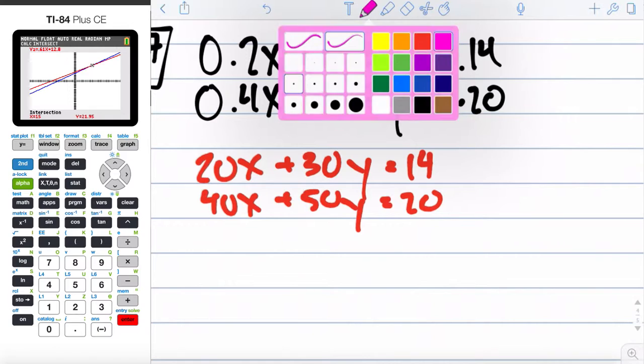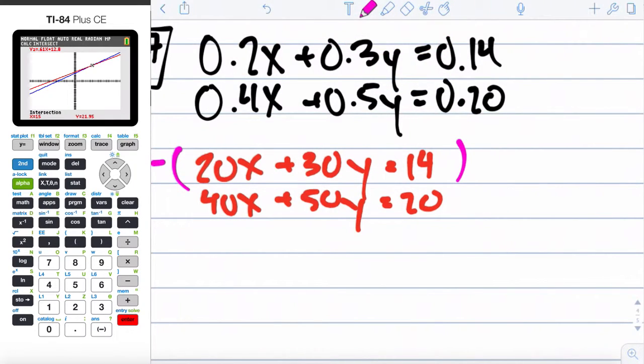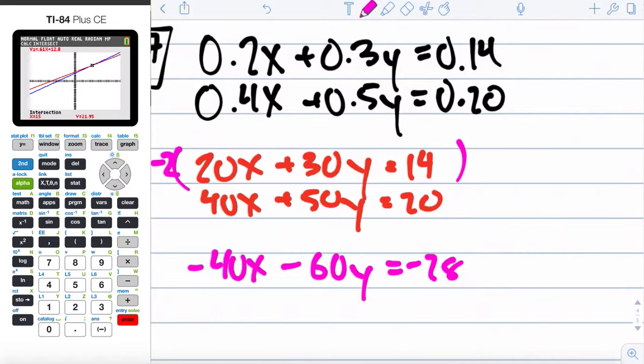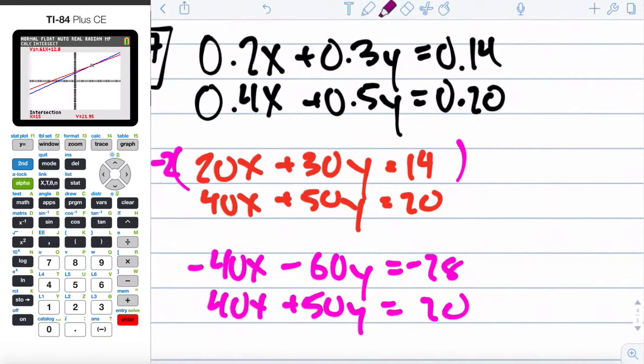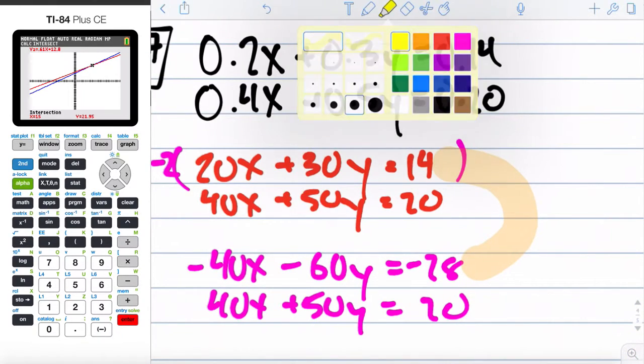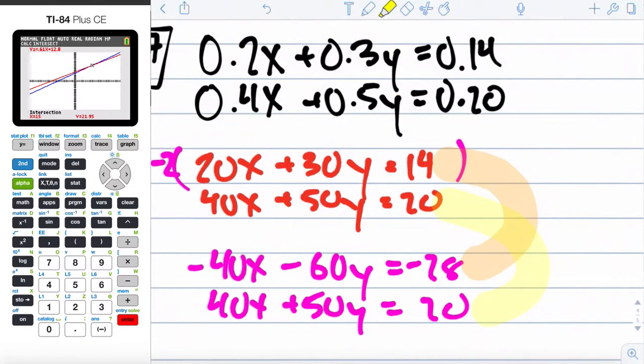I'm going to take my top equation and multiply it by negative 2. When I do that, I'll get negative 40x minus 60y is equal to negative 28. And I still have 40x plus 50y is equal to 20. Remember that comes from that one there, and that one there.